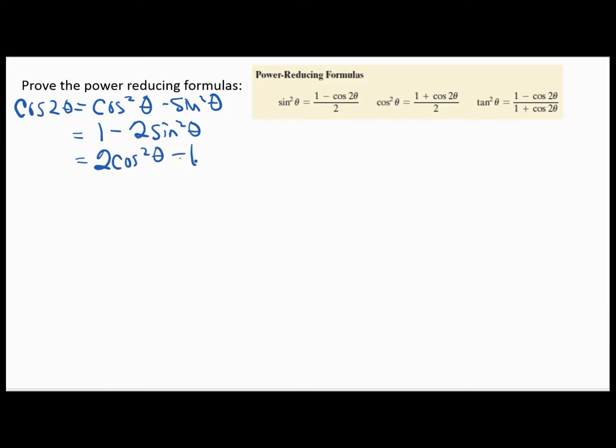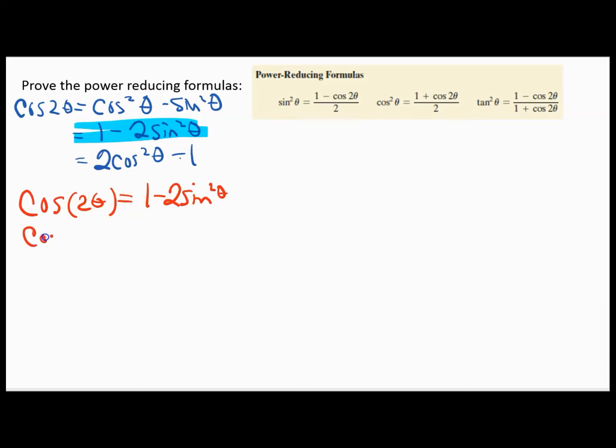So what I want to do is start with just one of these. How about we start with this one, the 1 minus 2 sine squared of theta. Okay, and I'm going to write what I have. Cosine of 2 theta, parentheses not required, equals 1 minus 2 sine squared of theta. Now what I want to do is solve for the sine squared of theta. So the first thing I'm going to do is subtract 1 from both sides of this expression.